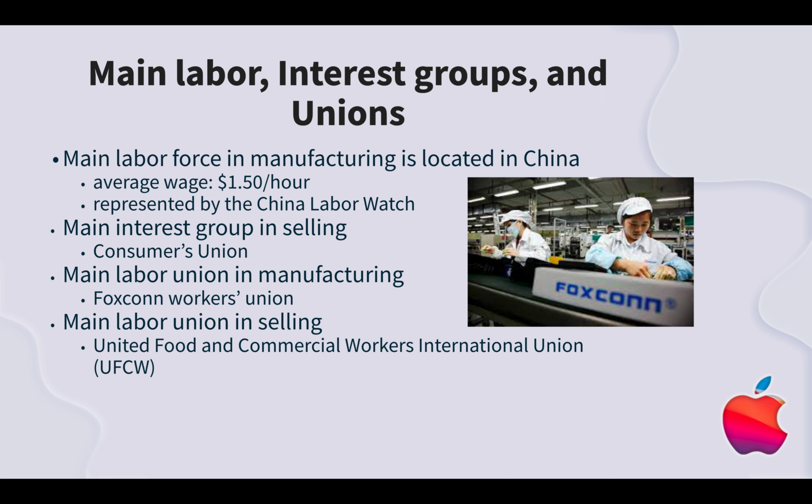The main interest group in selling the iPhone is the Consumer Union, and the main labor union in manufacturing is the Foxconn workers' union. And the main labor union in selling is the United Food and Commercial Workers International Union, which is also called UFCW. And here is a picture of the workers at the Foxconn factories.